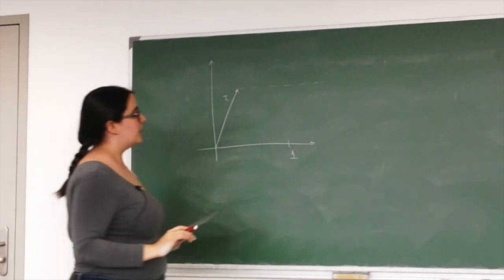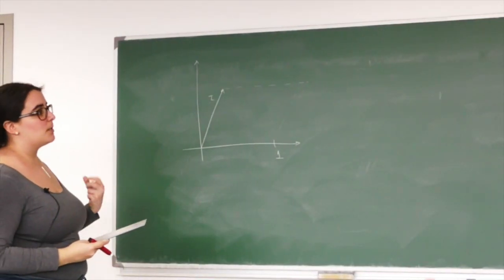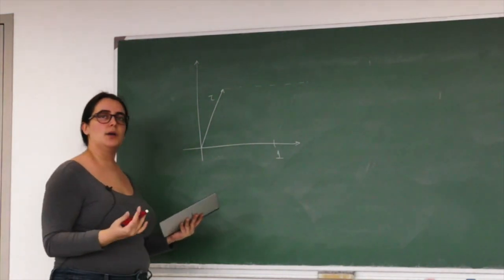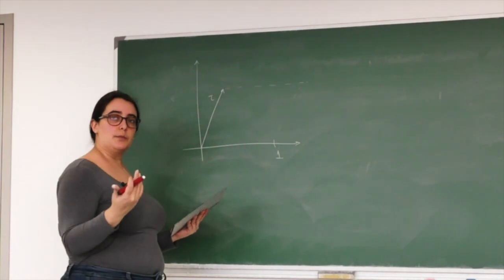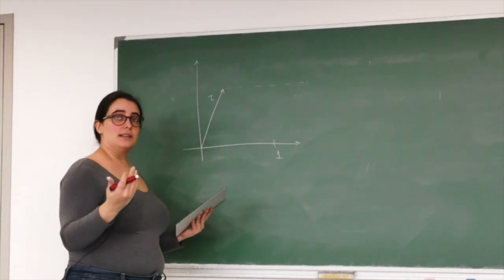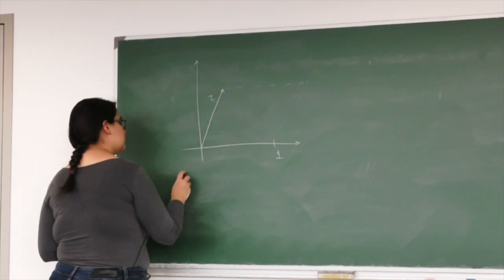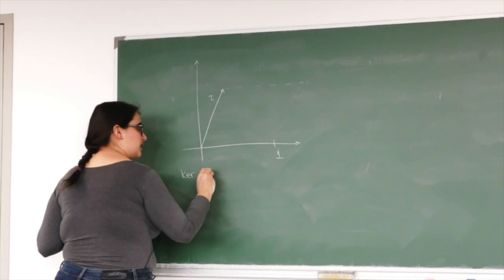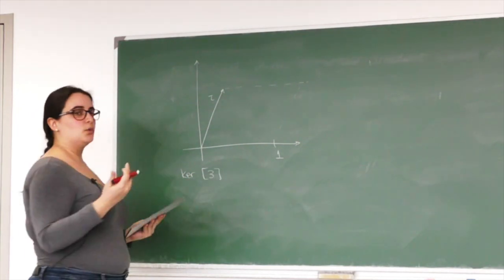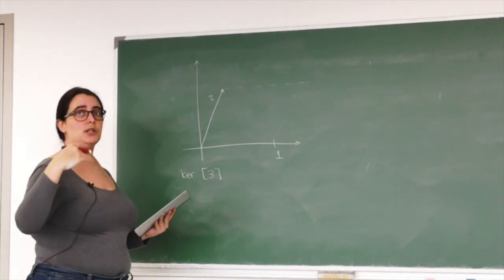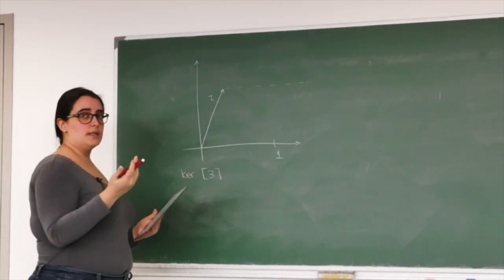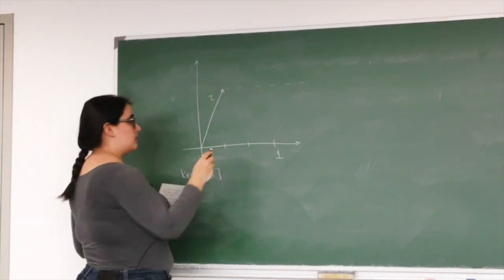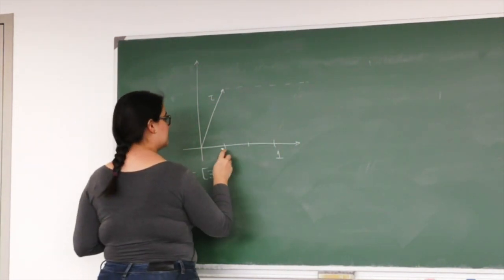Now the kernel of the multiplication by n map consists of the points that when we multiply them by n become a point in the lattice. For example, for the kernel of multiplication by 3, we look at points that when you multiply them by 3, you end up in the lattice. The easier ones are 1/3 and 2/3, because when you multiply them by 3, you go to 1, which is a point in the lattice.